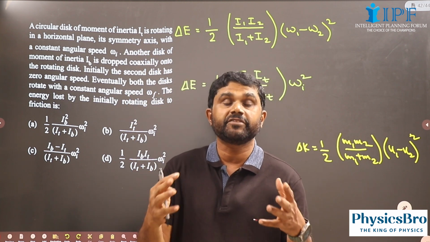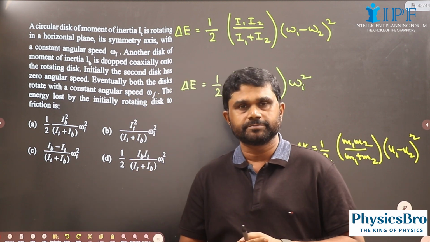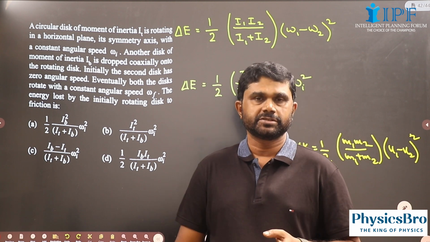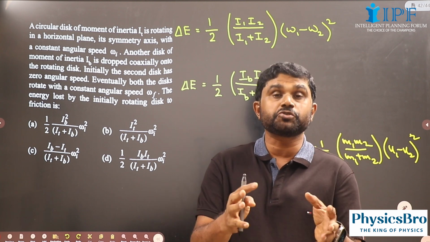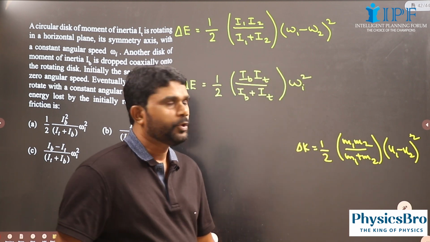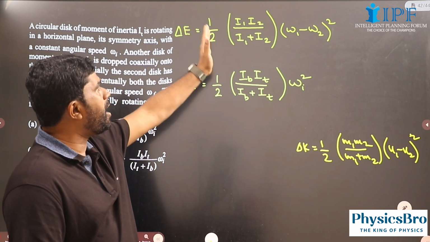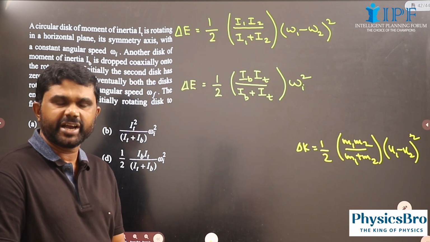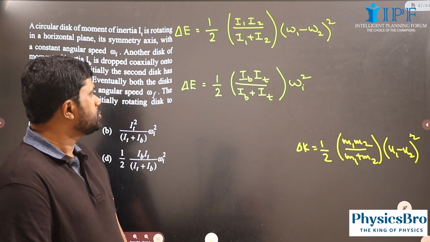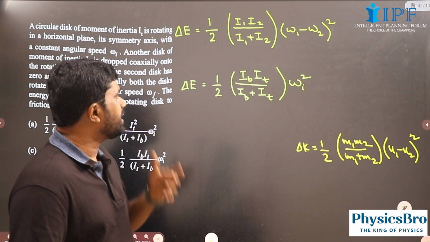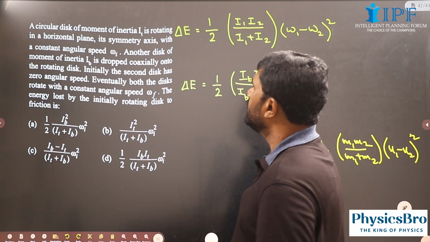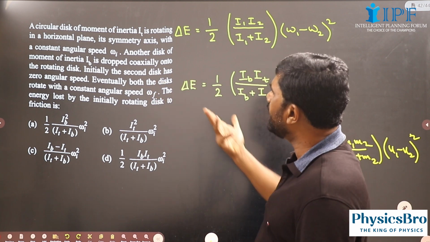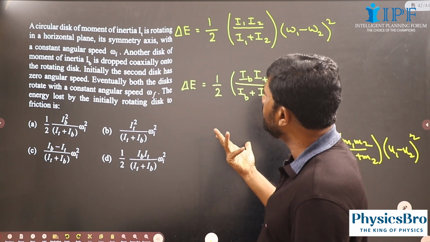After some time they will attain a common angular velocity. There will be some energy loss, and that energy loss also has the same form: half I1 I2 by I1 plus I2, into (omega 1 minus omega 2) whole square.